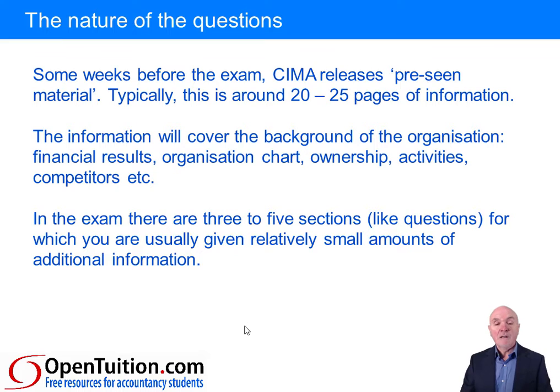When the exam comes along, you will then be given 3 to 5 sections, like questions, that you are required to answer. These usually give you relatively small amounts of additional information.